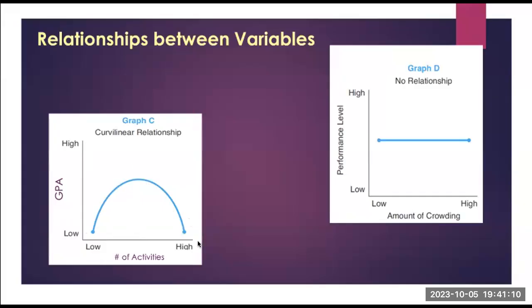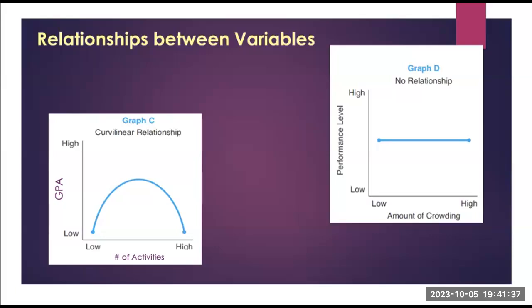So there are certainly certain constructs where that happens, where you almost have like a sweet spot where it peaks and then suddenly it goes down. So in other words, here, there's a certain ideal amount of activities that's associated with increasing GPA. But if you have too many activities, it's going to negatively impact GPA because you don't have time to study anymore. That's really what's happening here.